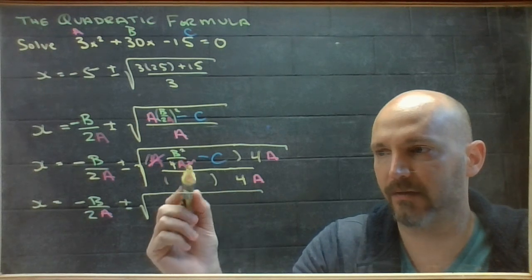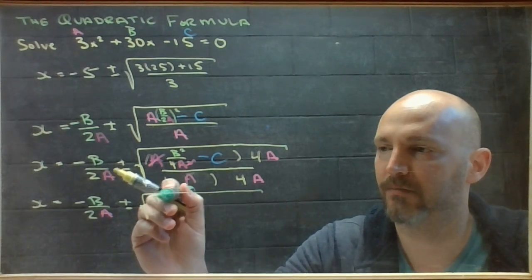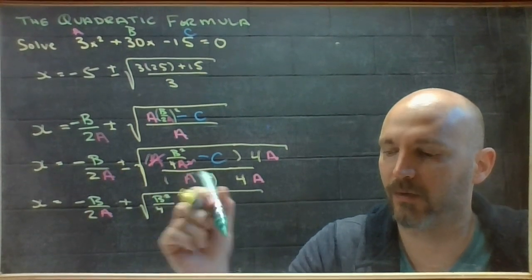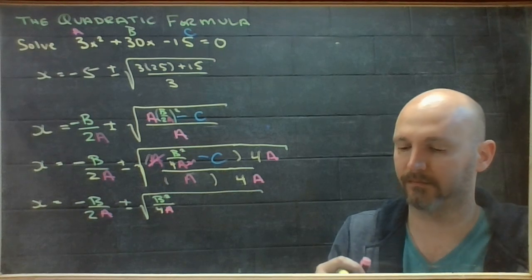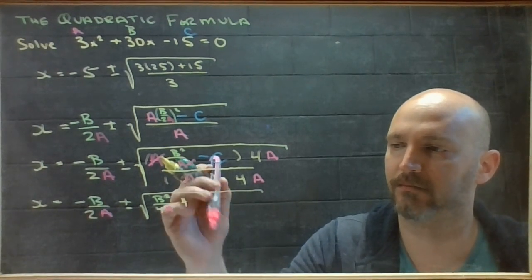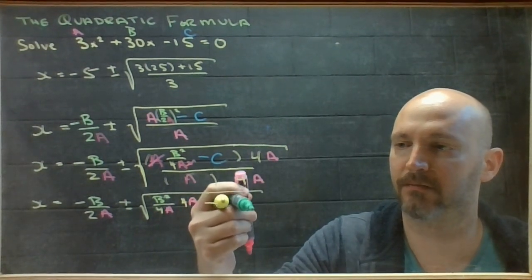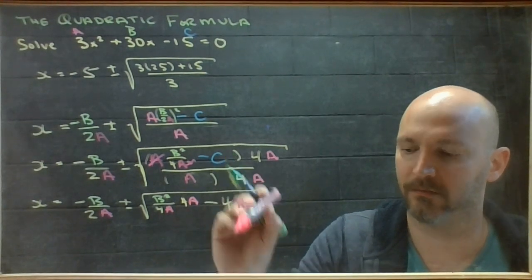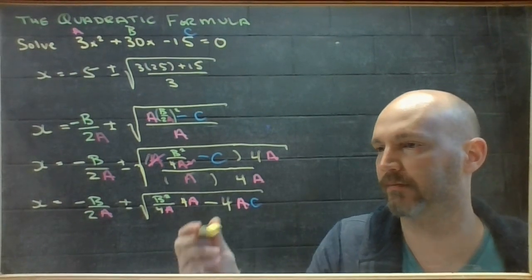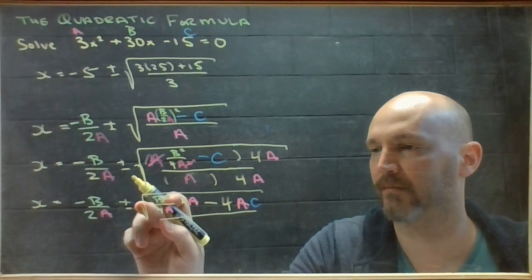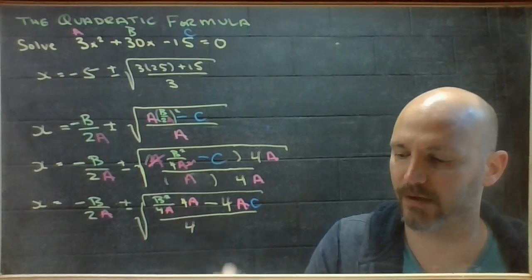This b squared over 4a multiplied by 4a, minus c times 4a. I'm just going to write AC because that's how they go in the alphabet. And in the bottom of this radical, I have 4a times a, which is 4a squared.